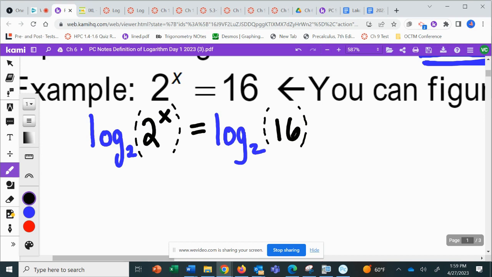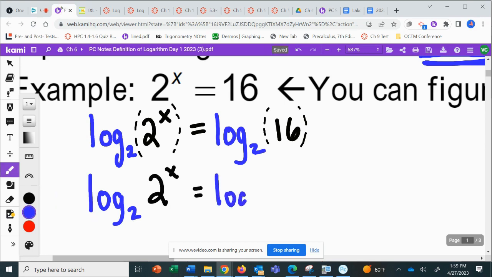So I'll let you know I'm going to do it now. What is 16 as a smaller number to an exponent? 2 to the 4th. Okay, I'm just going to replace that really fast. So we really have log base 2 of 2 to the x equals log base 2 of 2 to the 4th.